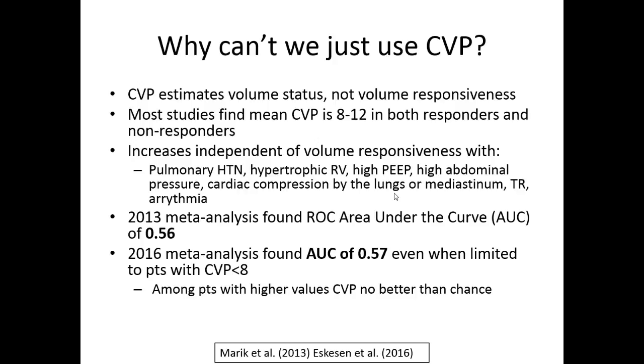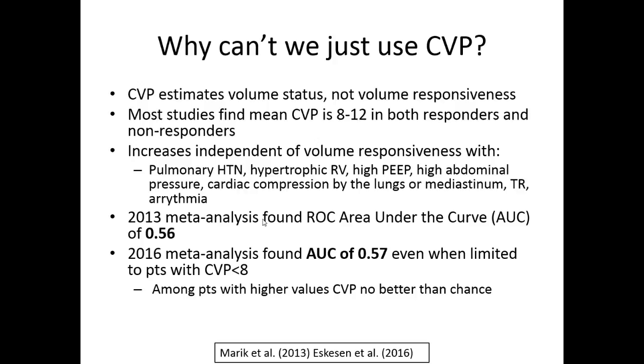So again, with CVP, there's a 56% chance that a fluid responder will have a lower CVP than someone who doesn't respond to fluid. And in the more recent analysis in a selected group of patients, those that we tend to think CVP is more valuable in, those with really low CVPs, it's only a 57% chance. I don't think we all still use CVP is the funny thing.